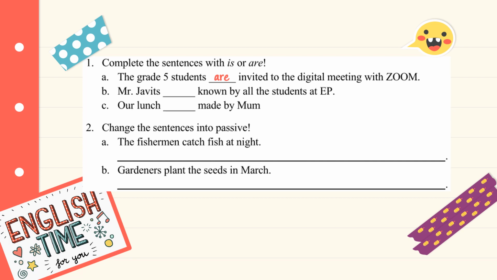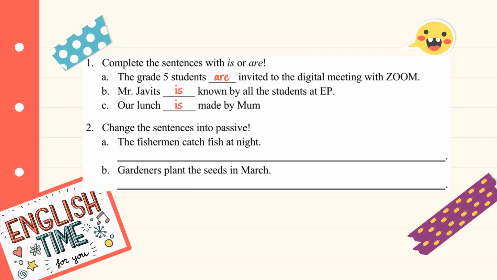How many Mr. Javits are there? There is only one. So, the answer must be is. Okay. Now C. Our lunch. Our lunch is or are? Because lunch is uncountable, you use is. Okay, guys?